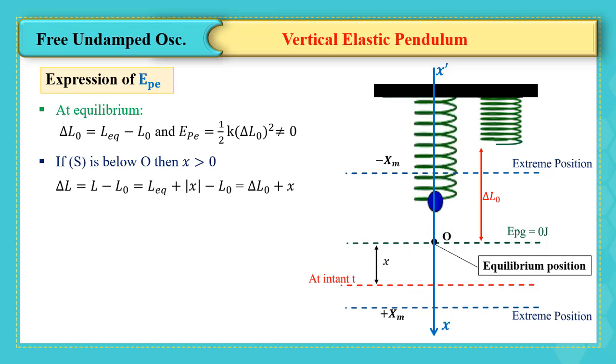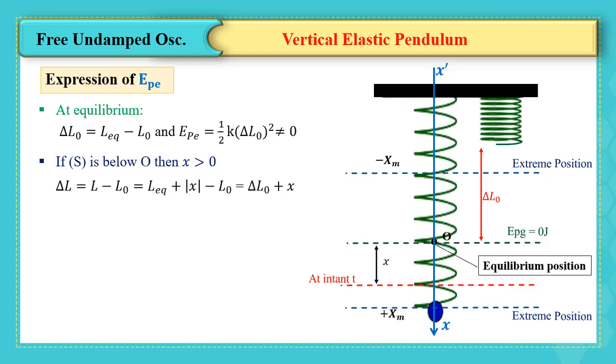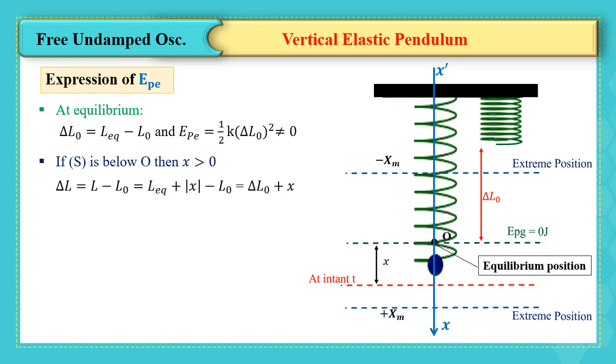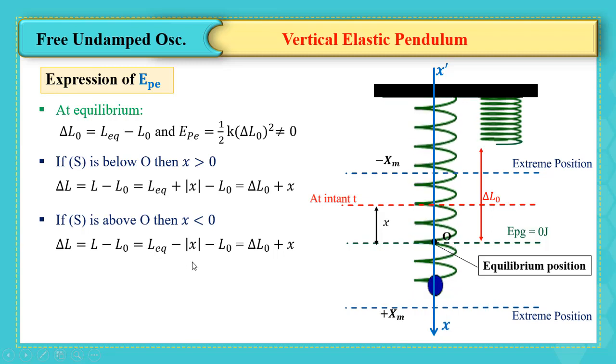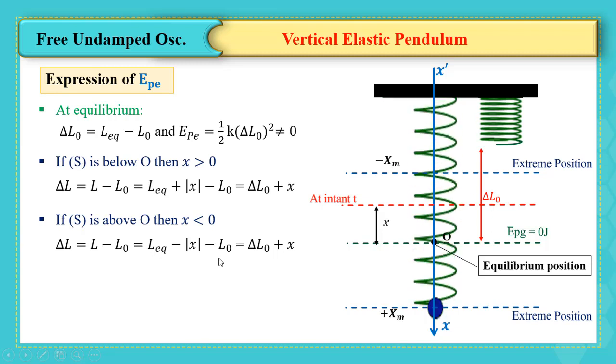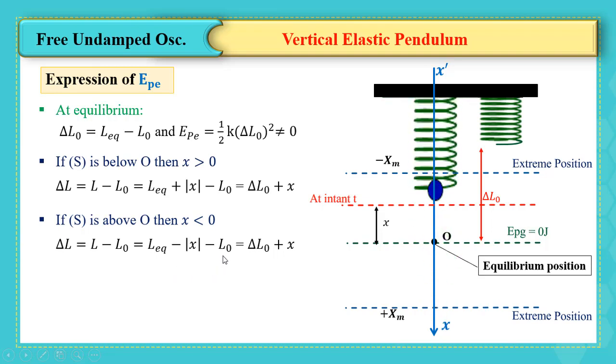Then L equilibrium minus L0 expresses delta L0, and we can write it as delta L0 plus X. If S is above O, then X is negative. Delta L, which is L minus L0, equals L equilibrium minus the absolute of X minus L0. Then L equilibrium minus L0 expresses delta L0, and the answer is delta L0 plus X.